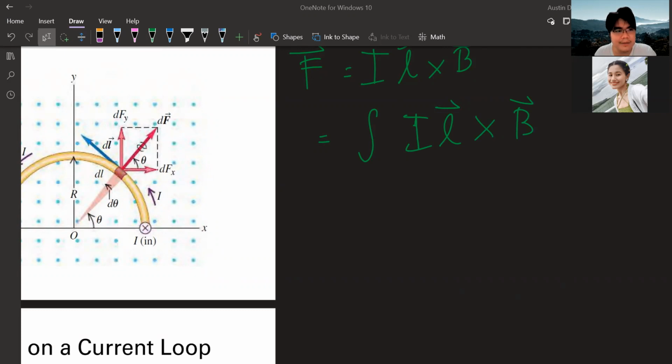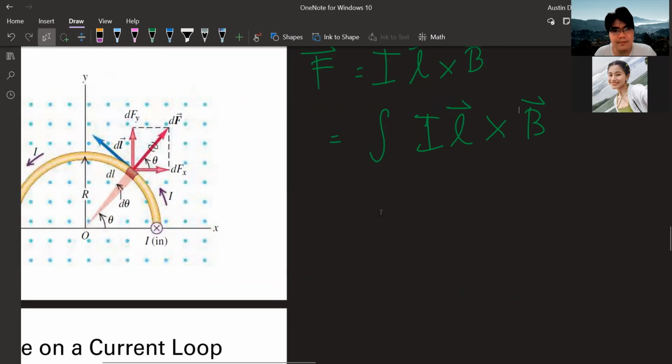Okay. So, let me check lang yung sa libro.